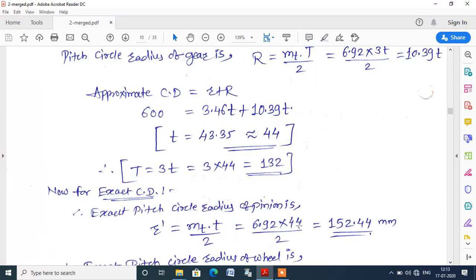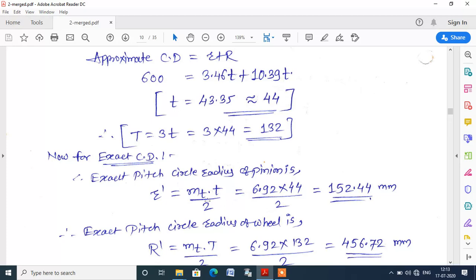Now the exact center distance. We now have the number of teeth: 44 for small t and 132 for capital T. Now we have to calculate the new pitch circle radius of the pinion. The exact pitch circle radius of the pinion is r dash equals mt into t divided by 2.